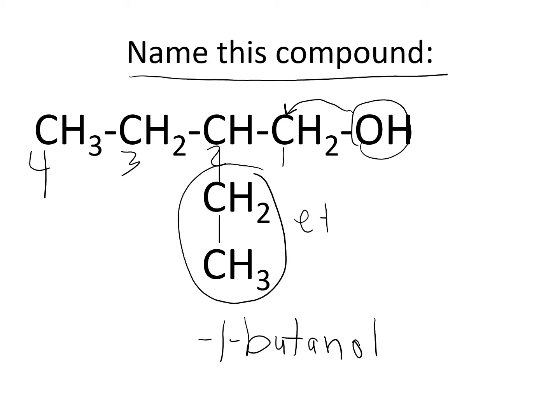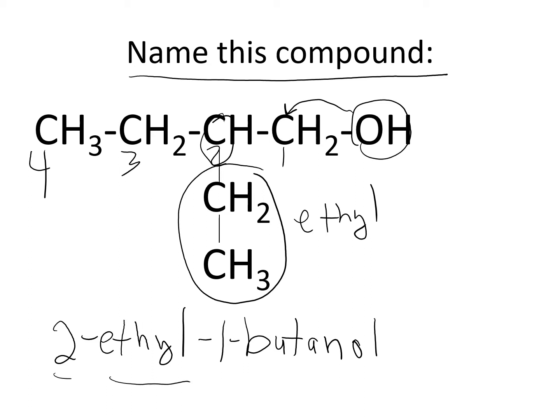Our group is called an ethyl. So the child is going to go in front of the parent, ethyl butanol, and we want to show the location of where the child is attached to the parent, and that's at carbon 2. So we put a 2 in front of ethyl. So the name of this compound is 2-ethyl-1-butanol.